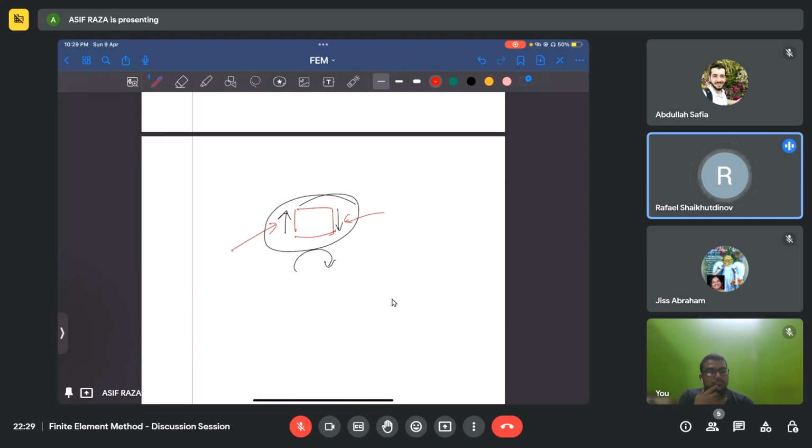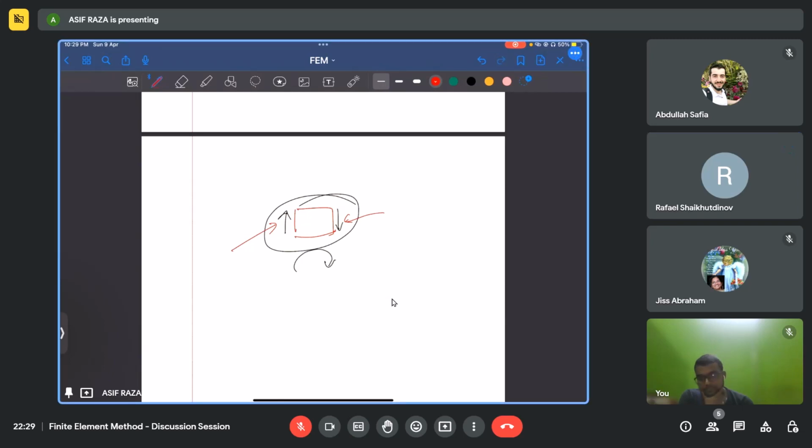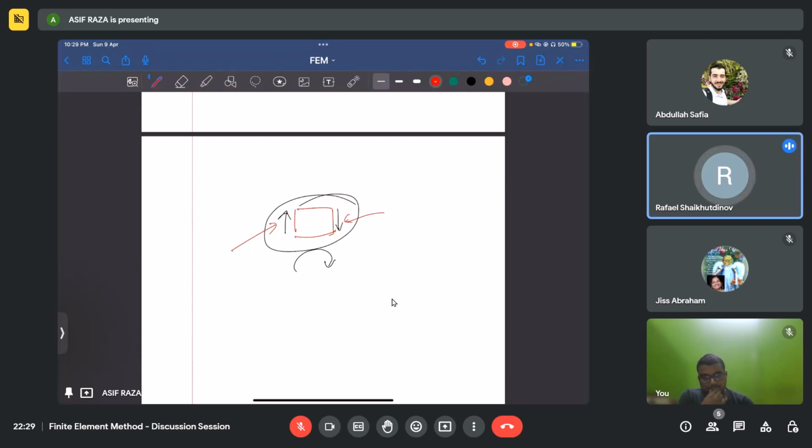In this case, I believe yes. How? We just divide this force along the area.